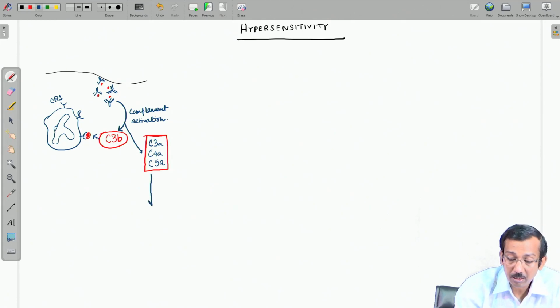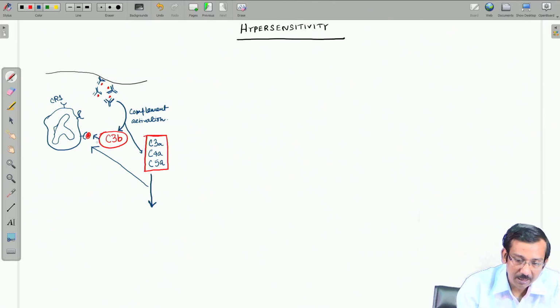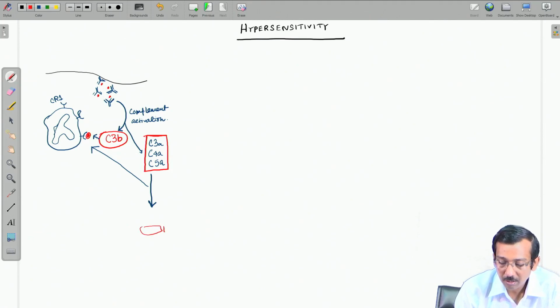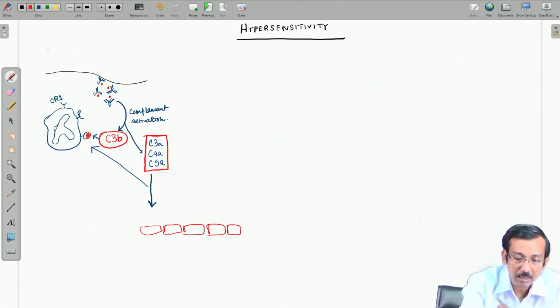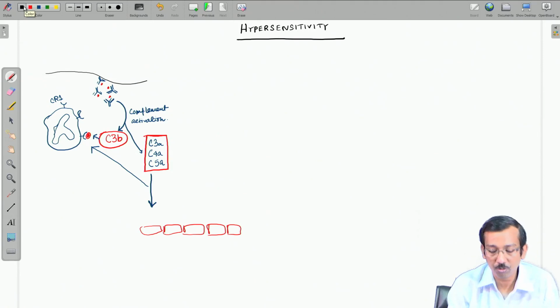These cleavage products have dual functions. They can bind to the cell surface receptors, and as you remember from our lectures on inflammation, they can also help in the migration of more neutrophils.